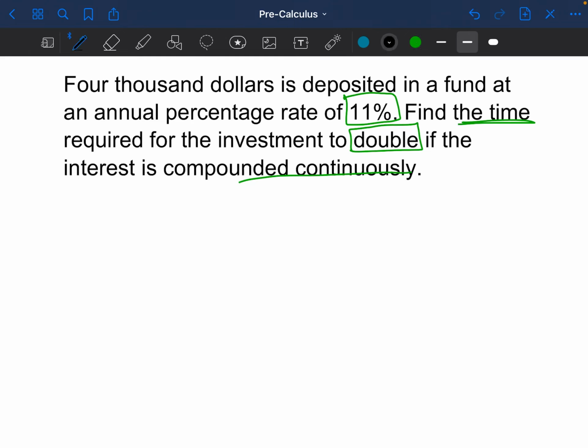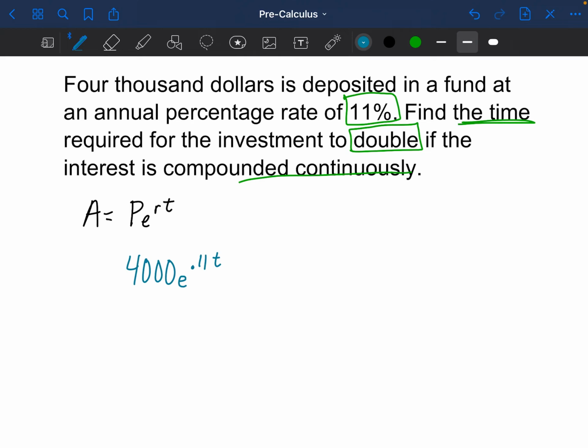So continuously, that means we're working with A equals Pe^(rt). We know that we're starting with $4,000. We know that the rate is going to be 11%, which is 0.11. And then time is what we're solving for. That's what we don't know.